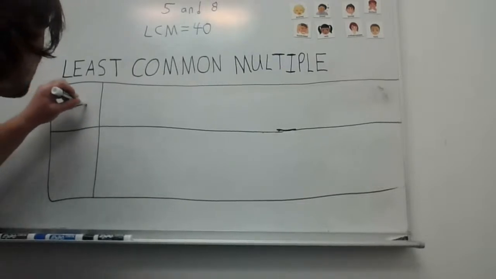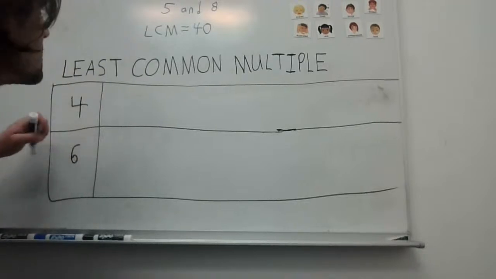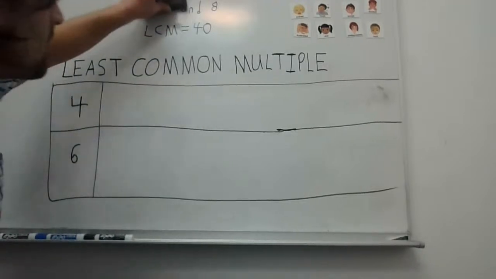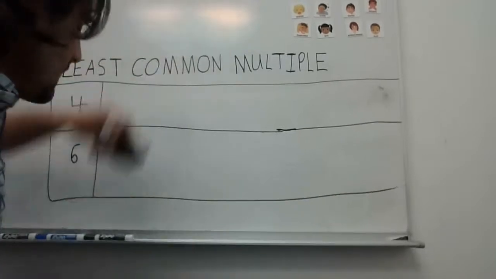All right, so I'll go with some smaller numbers, 4 and 6. So let's see if I can find the common multiples between 4 and 6.